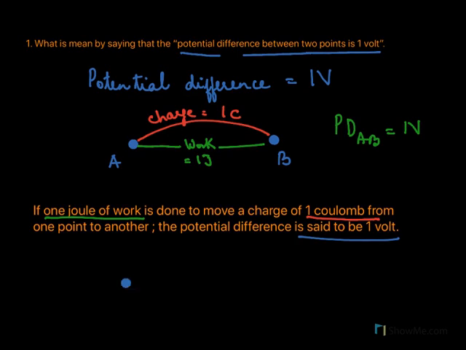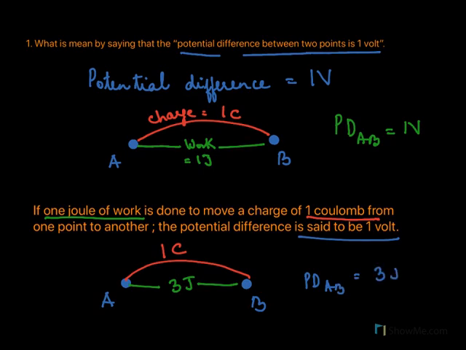Which means again, if I have point A and point B, and in moving 1 coulomb of charge, if I do work of say 3 joules, now in this case the potential difference between A and B will be 3 volts. So potential difference V is work done per unit charge.